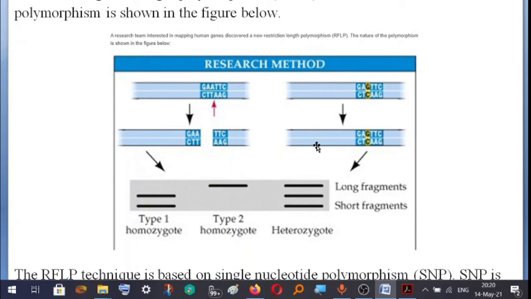And since this DNA fragment is going to be much larger than these two DNA fragments, we would be expecting it very close to the well, and that's what we are seeing on the gel electrophoresis. The band corresponding to this big segment of DNA is very close to the well.